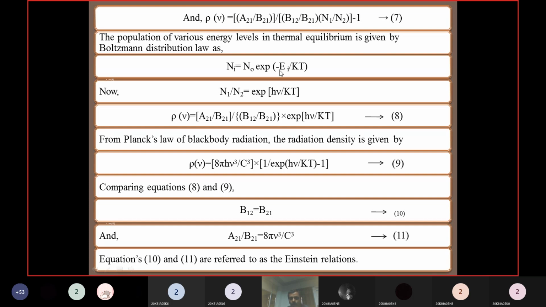Now what we have to calculate is the N1 by N2 value. I am calculating that N1 by N2 value by using the Boltzmann distribution law, and substituting it in this equation. Your equation is wrong here.